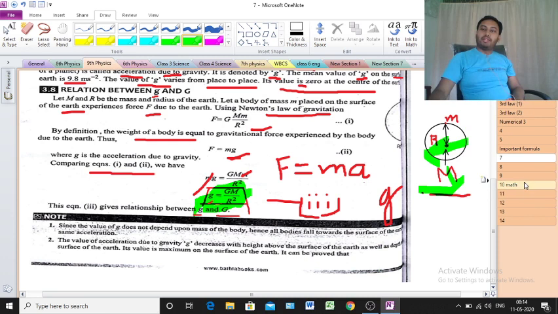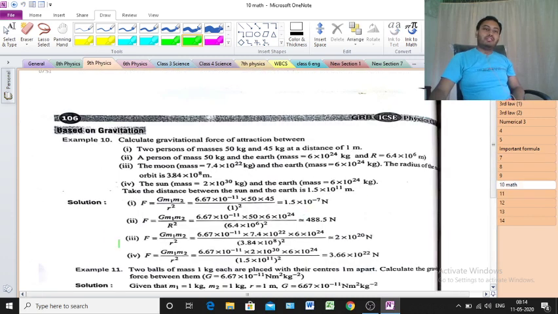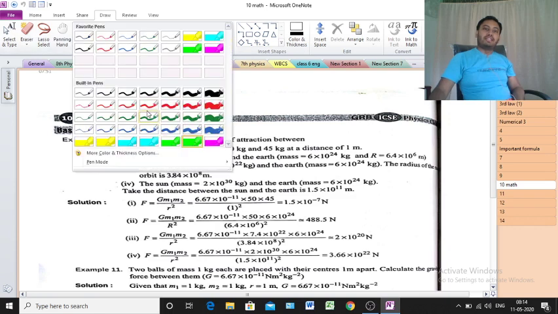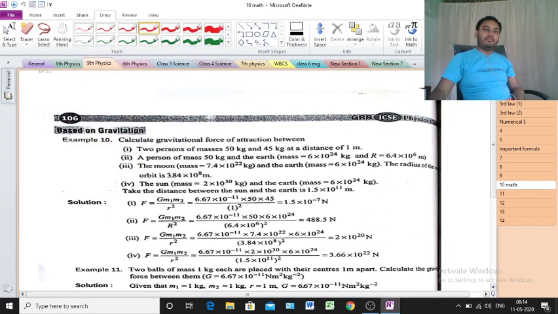Now coming to the topic, the numericals based on Newton's laws of gravitation. First question, example number 10.